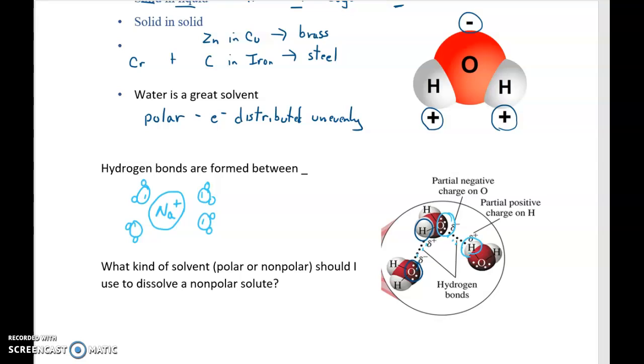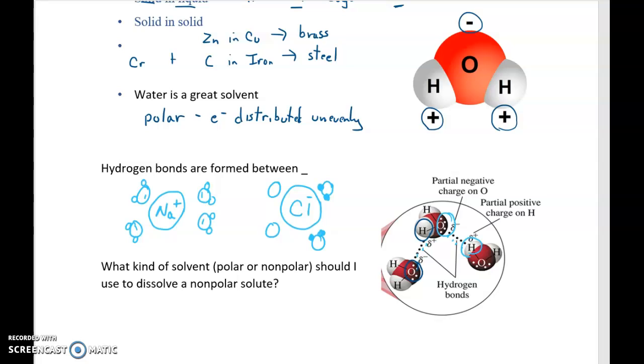this positive ion. If we have a chloride ion, the water just faces the other direction. We get water molecules all the way around. Except this time the hydrogens are a little bit positive, and they're going to be attracted to this negative ion.